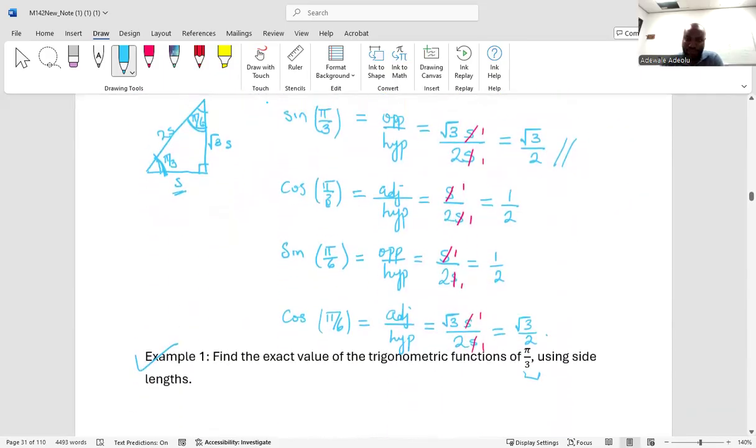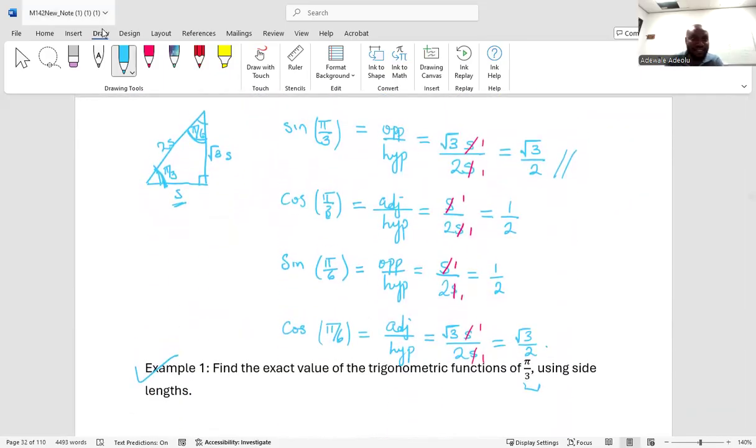From this example, you will notice that the value of sine pi over 3 is the same thing as cosine of pi over 6. And the value of cosine of pi over 3 is the same as the value of sine of pi over 6.